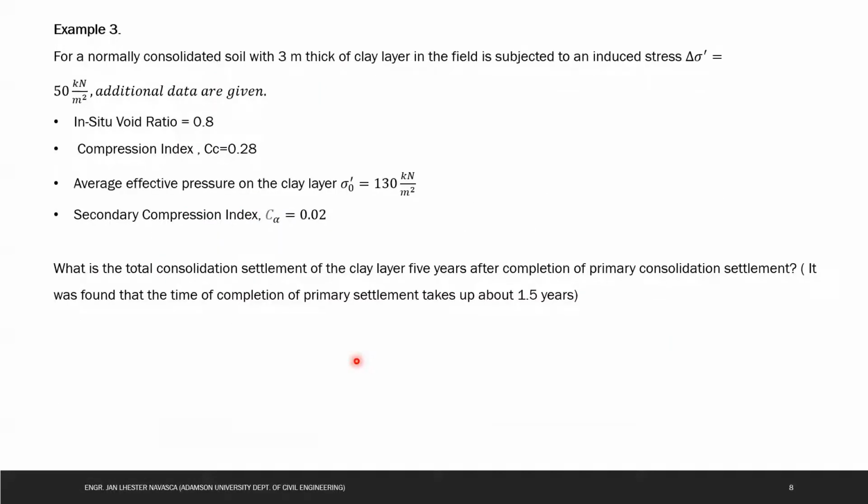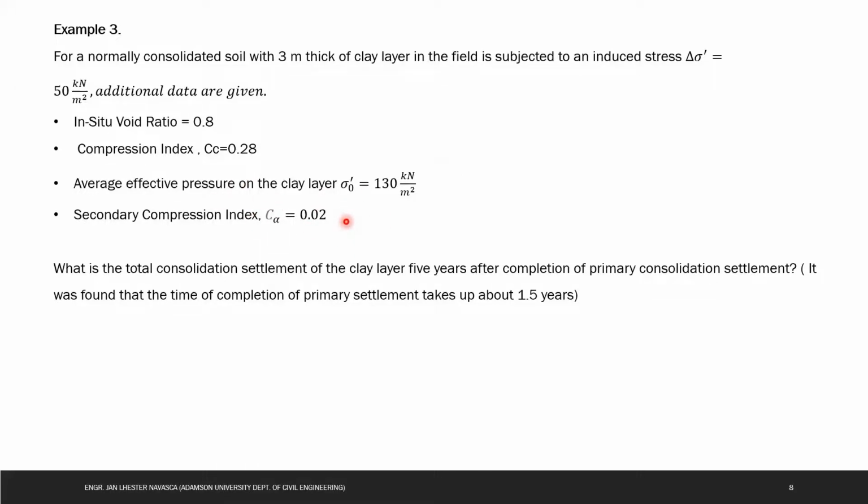Now, our next problem: for a normally consolidated soil with a 3-meter thick clay layer in the field subjected to an induced stress of 50 kilonewton per square meter, additional data are given. The in situ void ratio is 0.8, the compression index is 0.28, the average effective pressure at the mid height of the clay layer is 130 kilonewton per square meter, and the secondary compression index is 0.02.